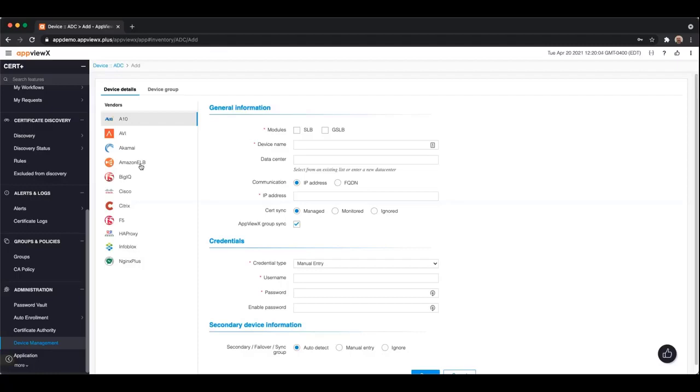We're definitely seeing a lot of Amazon ELB out there. We have native integrations for these, and we can integrate directly with them. Not only discover your certificates from those devices, but also deploy and renew certificates all the way down to the individual VIP level of these appliances. So being able to deploy to the actual VIP that's presenting pages or services to your end users.